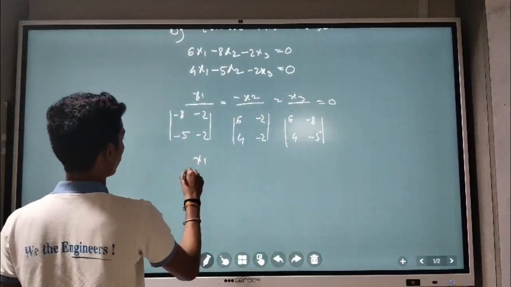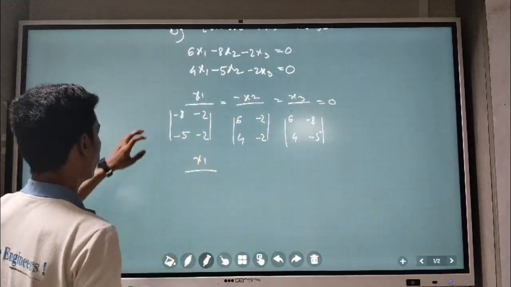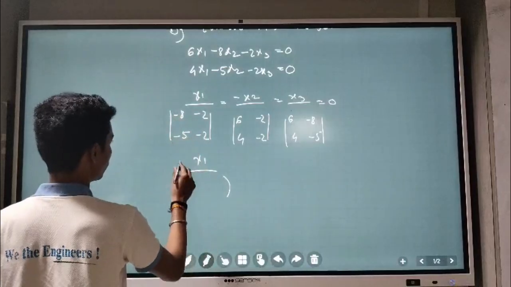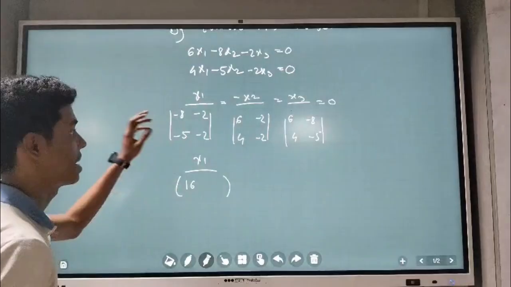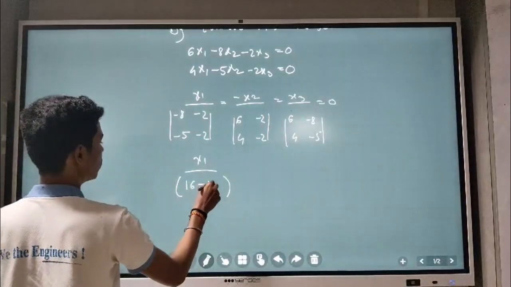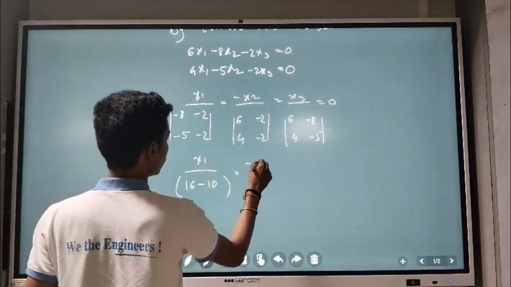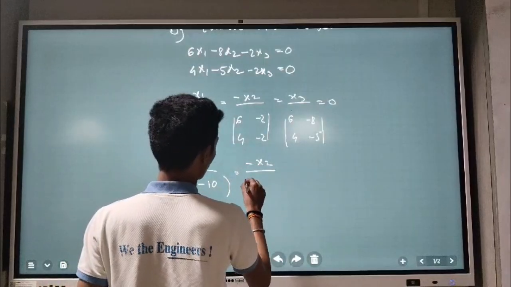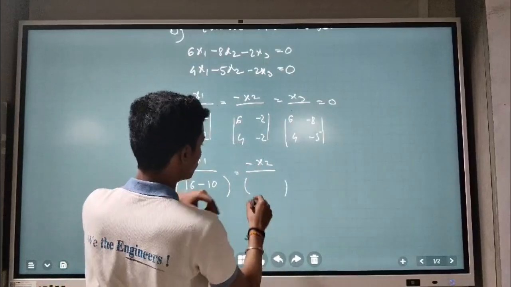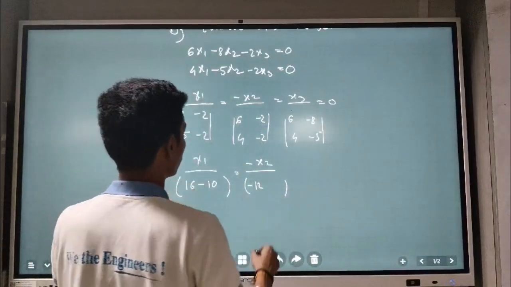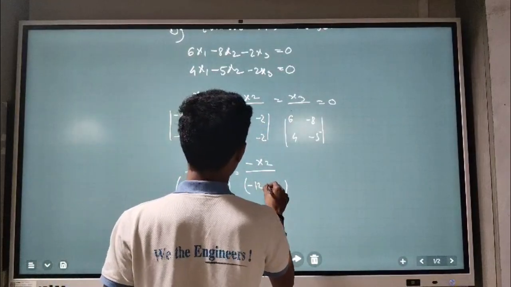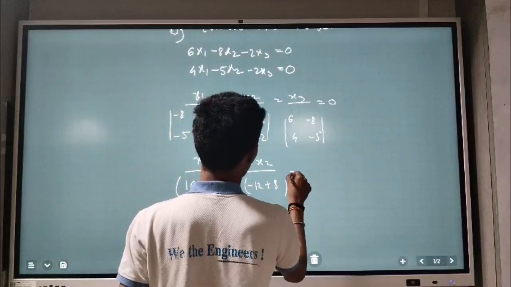Then we get the value of x1: 8 times 2 is 16, minus minus plus 5 times 2 is 10, and then minus is minus x2: 6 times 2 is 12, minus 12, 4 times 2 is 8, minus minus plus, we get the value 4 times 8.